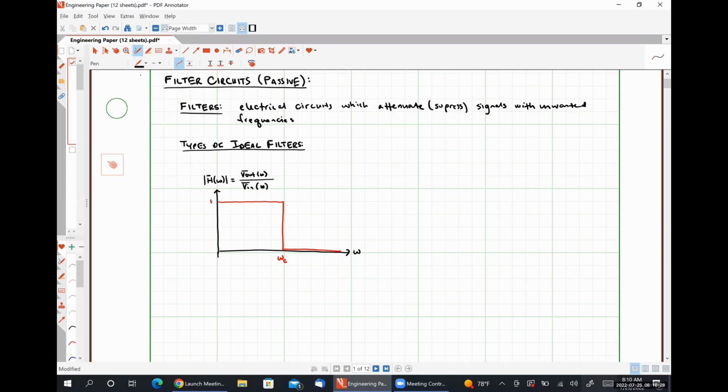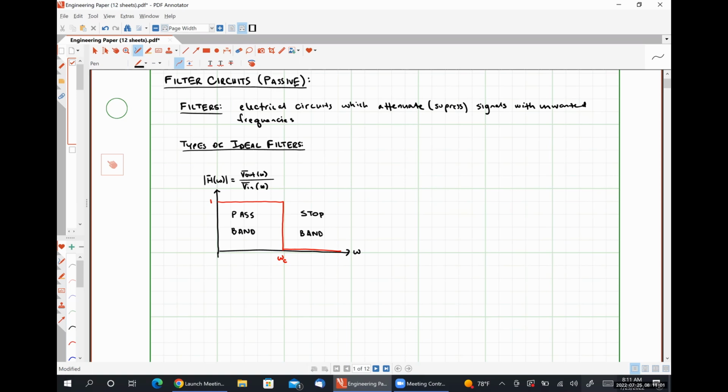Everything to the left of omega C in this particular filter is known as the pass band, because all signals with frequencies less than omega C get passed or scaled by a factor of 1. And everything to the right of omega C is what's called the stop band. All signals having a frequency greater than omega C become completely attenuated.